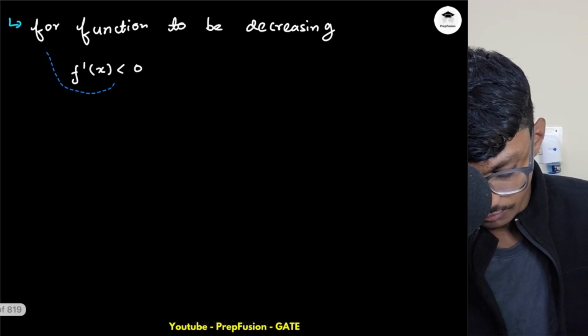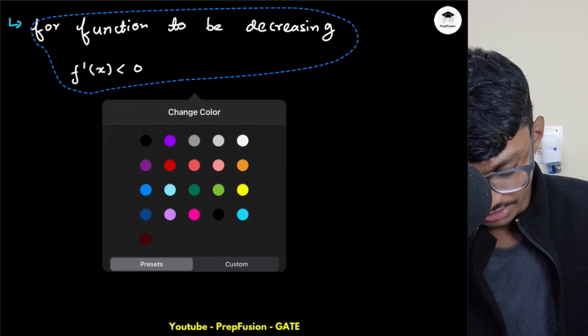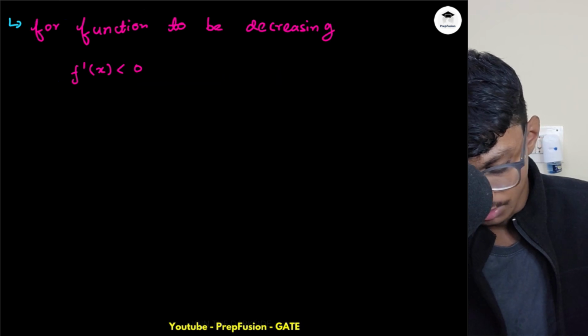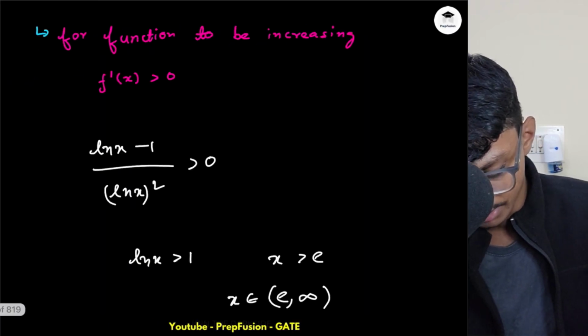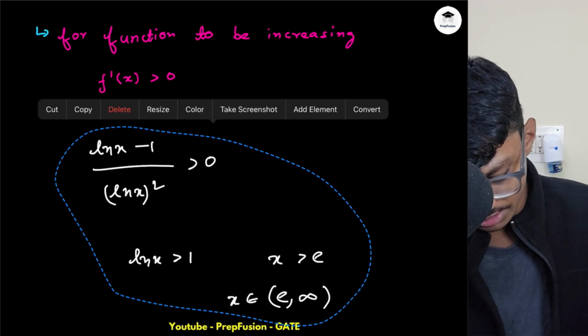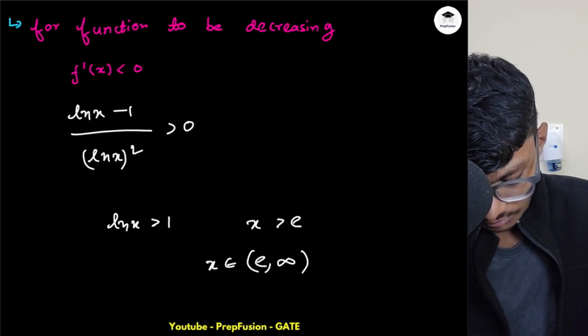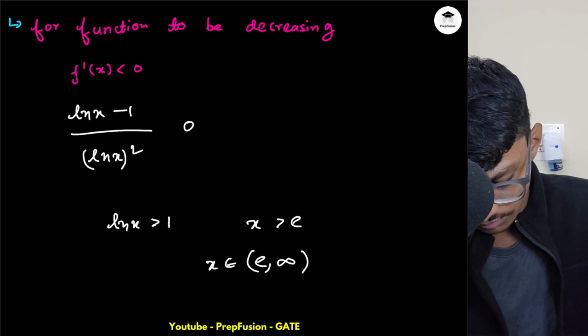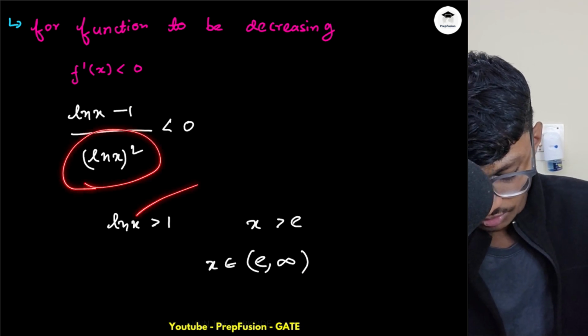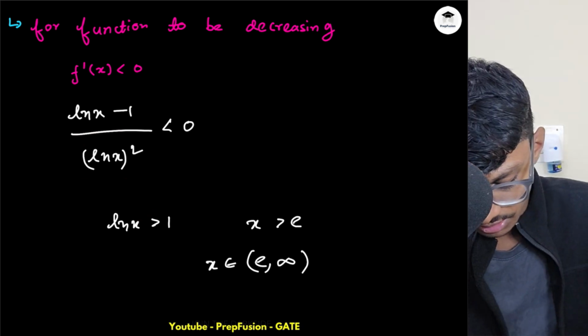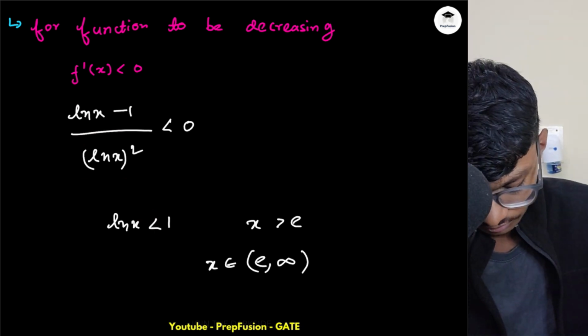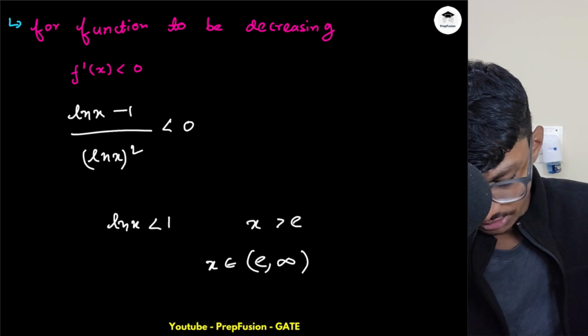Okay, now let's do it for where my function is always decreasing. Again I will write the same things, just the inequality will change. So this will be less than 0. As my ln x is not equal to 0, I can simply cross multiply on both sides. Again this will be less than 0, ln x less than 1.